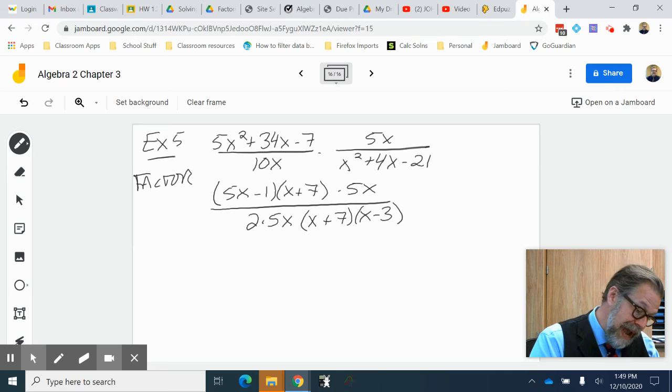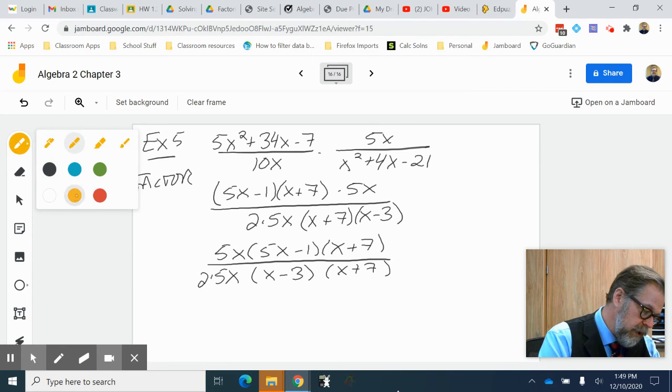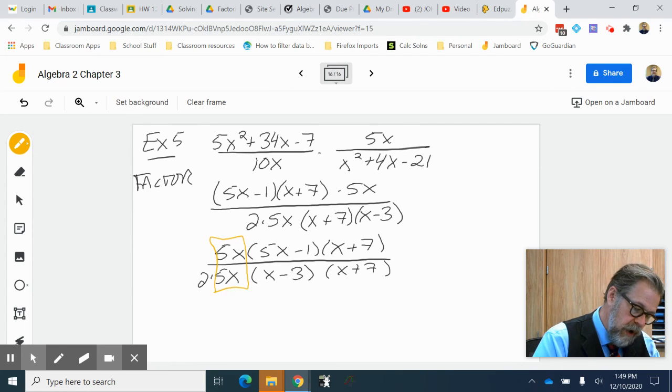If I were stacking these, I would say 5 times x times 5x minus 1 times x plus 7 over 2 times 5 times x minus 3 times x plus 7. And what I notice now is that I've got a 1 and I've got a 1.